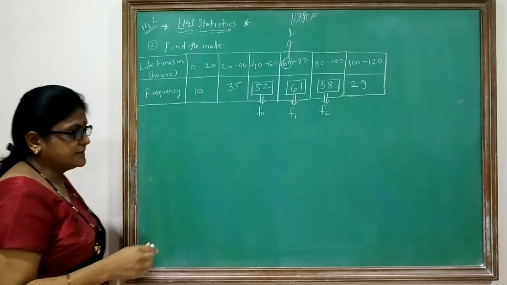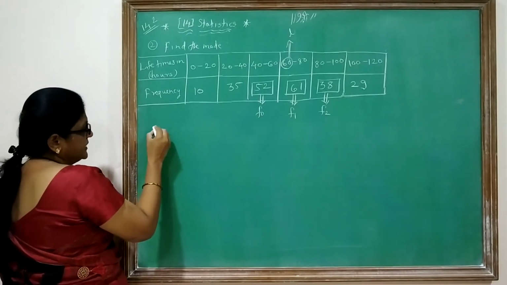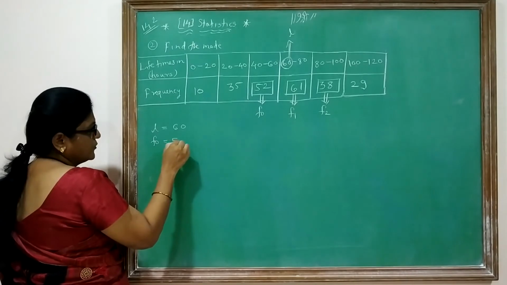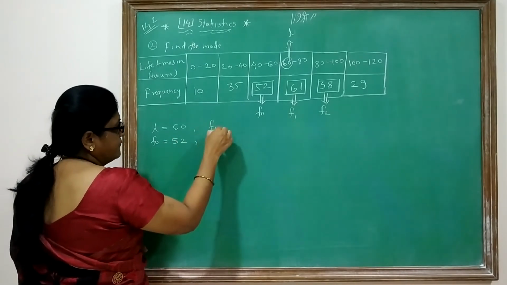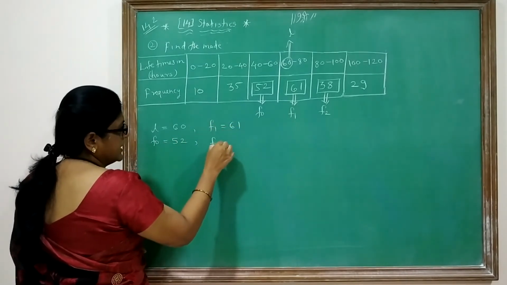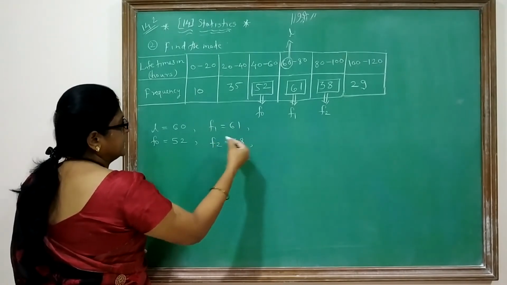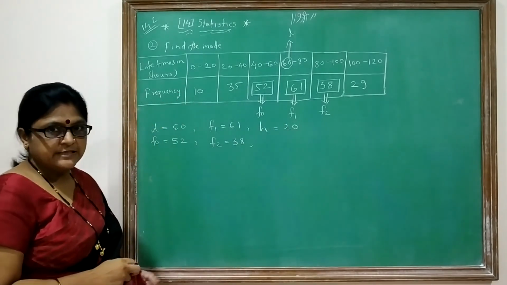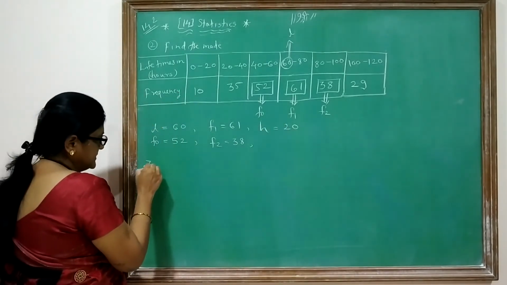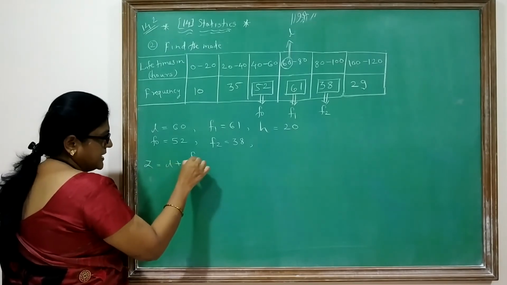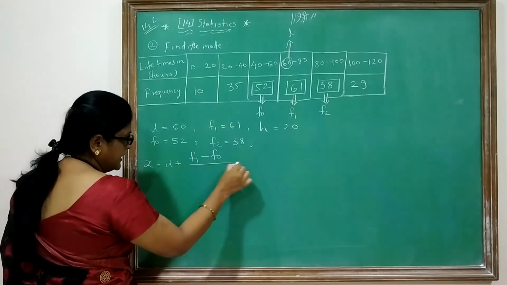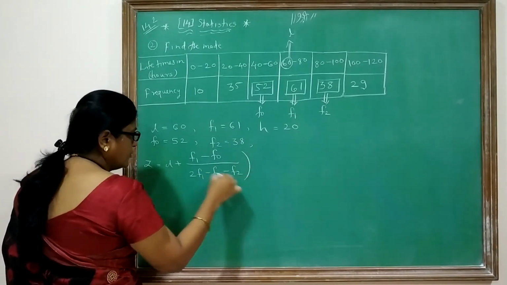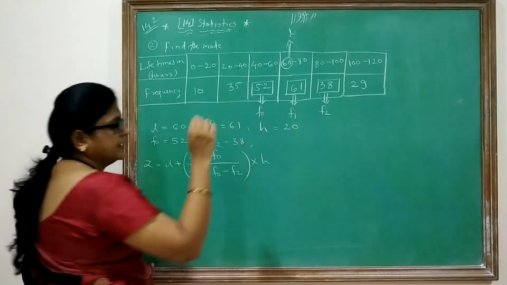So L equals 60, F0 equals 52, F1 equals 61, F2 equals 38, and your H means class size is 20. Then write its formula: Z = L + [(F1 - F0) / (2F1 - F0 - F2)] multiplied by H.